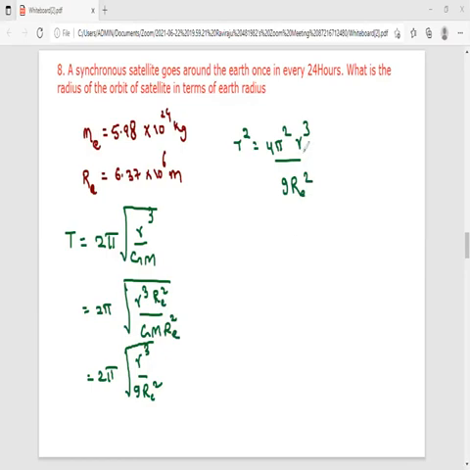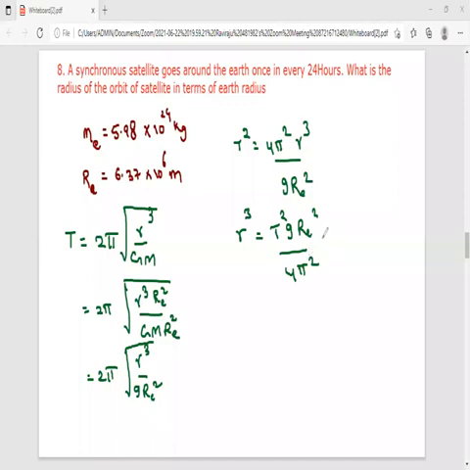Finally, you have to find out small r only, in terms of Re. So better you write r cube equal to T square g Re square by 4 pi square.